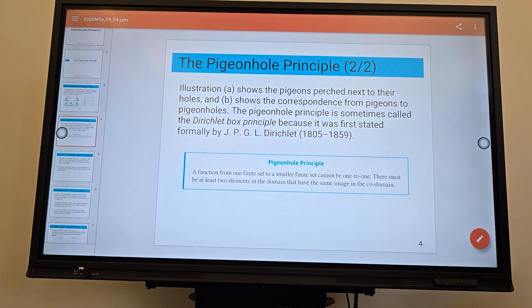The pigeonhole principle stated formally: a function from one finite set to a smaller finite set cannot be one-to-one. There must be at least 2 elements in the domain that have the same image in the codomain. Like I said, this is pretty much common sense, but it was first stated formally by somebody in the mid 1800s.